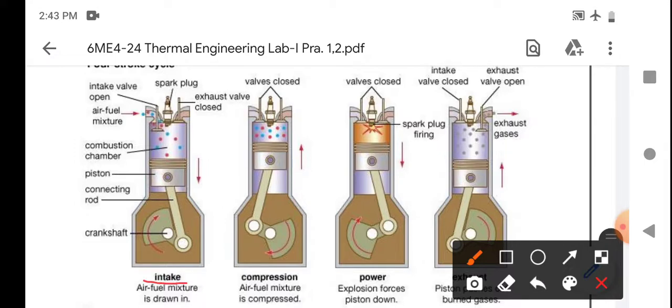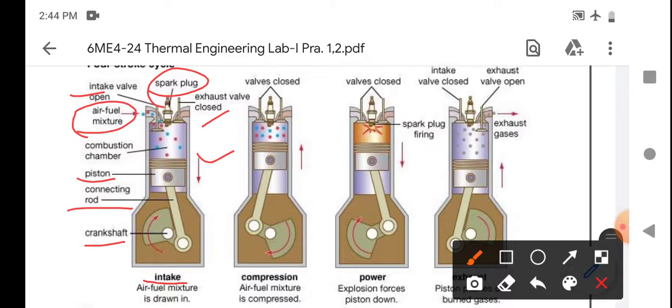This is the cross section of a 4-stroke engine: a crankshaft, a connecting rod which is connected with the piston, a cylinder, an exhaust valve, an intake valve, and a spark plug for the SI engine. It means spark ignition engine. This is the way the air fuel mixture is drawn into the cylinder.